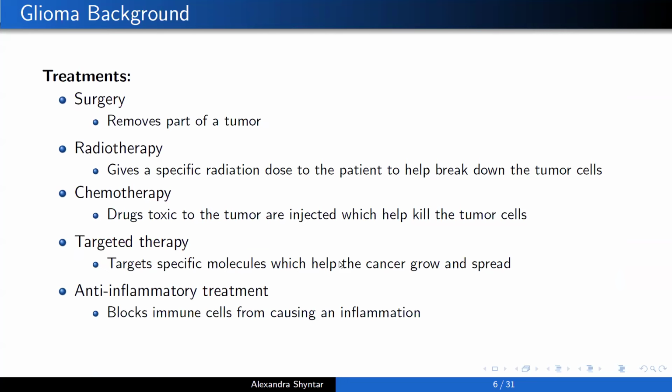There's chemotherapy, which injects a cytotoxic drug into the tumor, and it helps break it down. There's targeted therapy, which targets specific molecules that help the cancer grow and spread, and it inhibits them, so it hinders the tumor growth. And then there's anti-inflammatory treatment, which helps prevent inflammation.